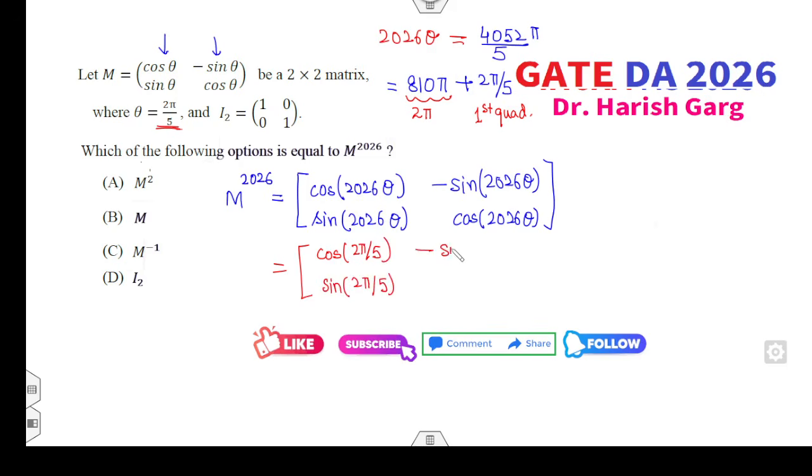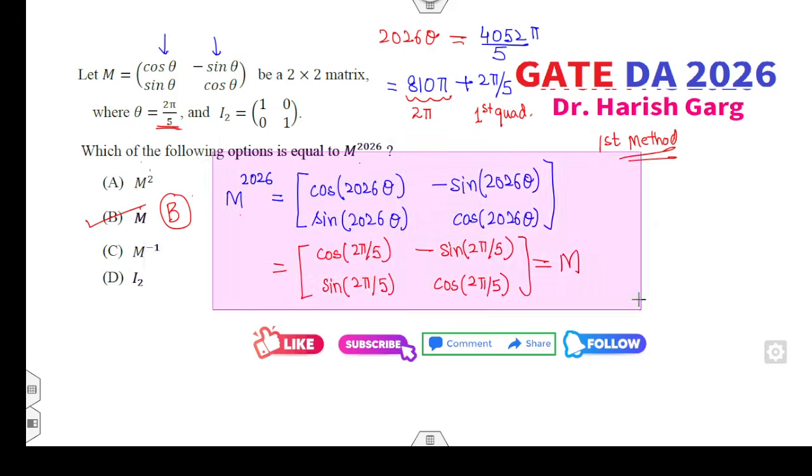The third is minus sine, and sine of 2026 theta lies in the first quadrant. Again, what is this matrix? This is nothing but my M, because theta is 2 pi over 5. So M raised to power 2026 is nothing but M. This is the first method of how you can solve based on the 2026 power.